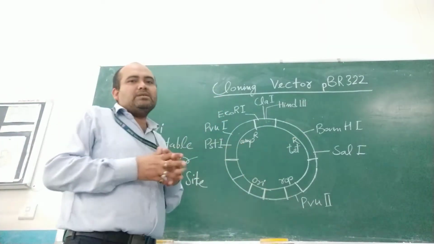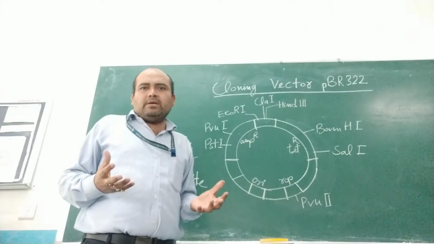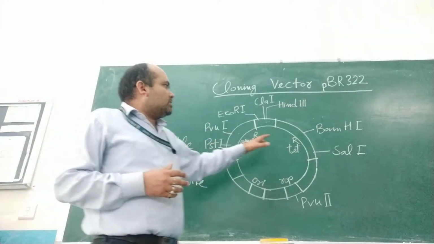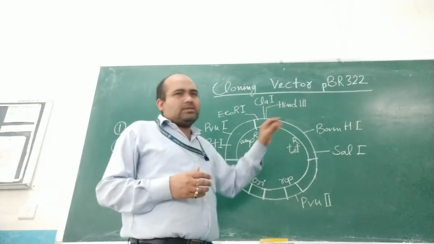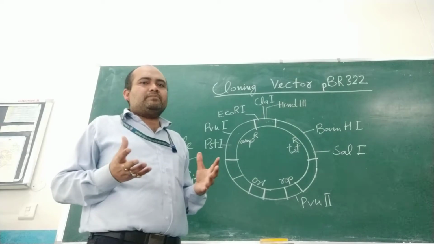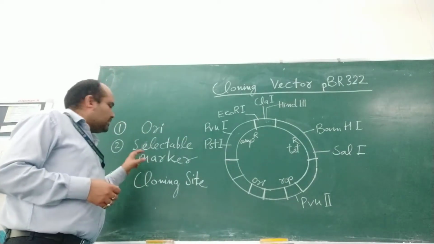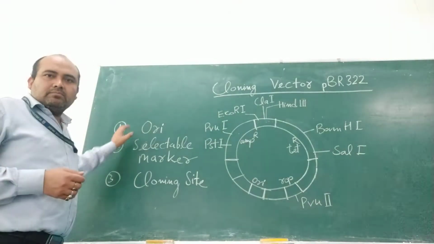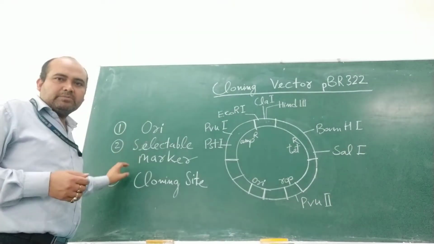But after cutting the DNA, how will we come to know that our restriction endonuclease cut at the specific site? For that, there is another thing known as a selectable marker. Actually, there are three main things in a plasmid.